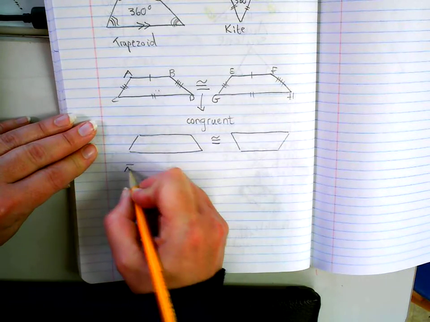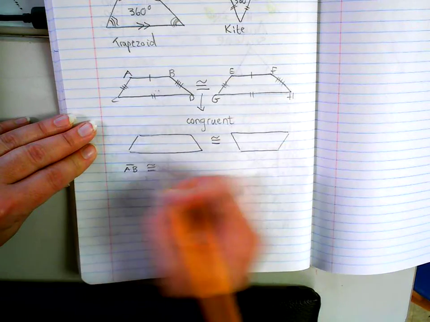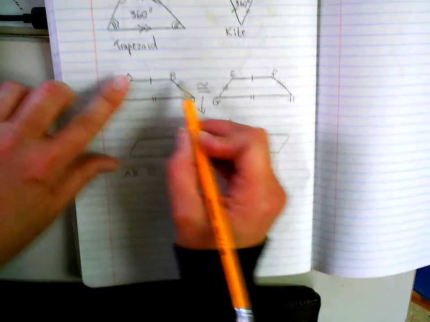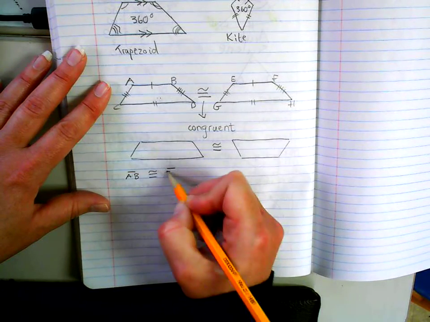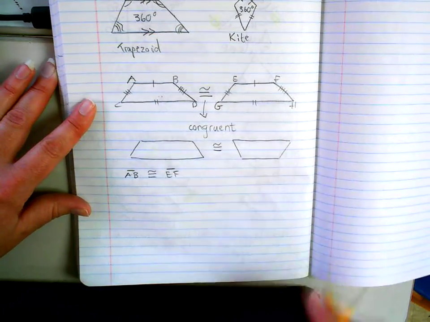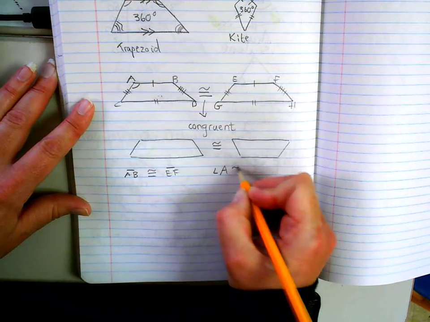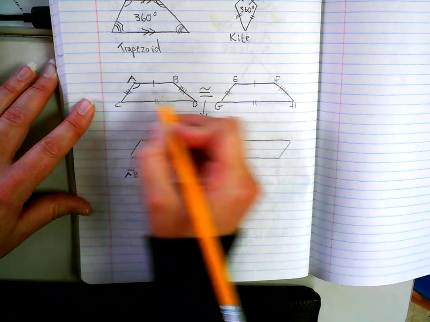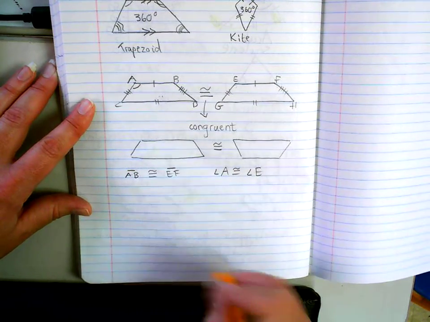Line AB is congruent to line EF. Are you with me? Yeah. Angle A will be congruent to angle E. Can you see how this congruency works?